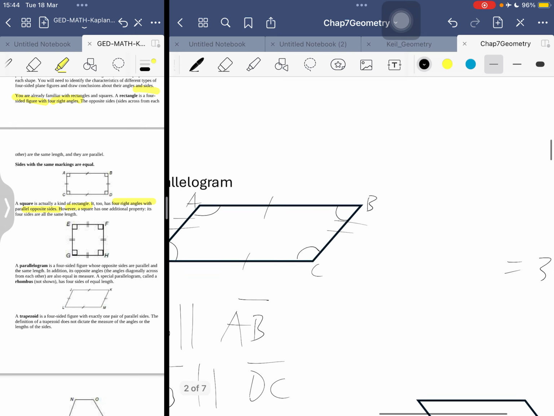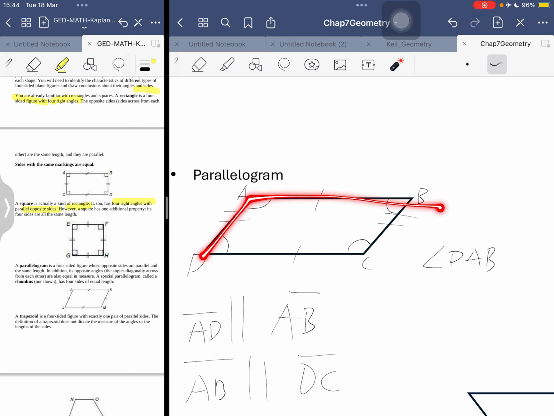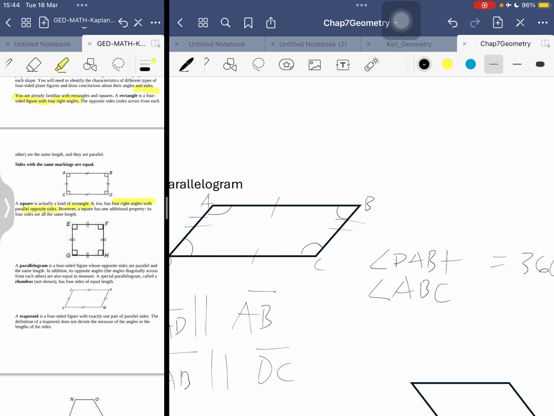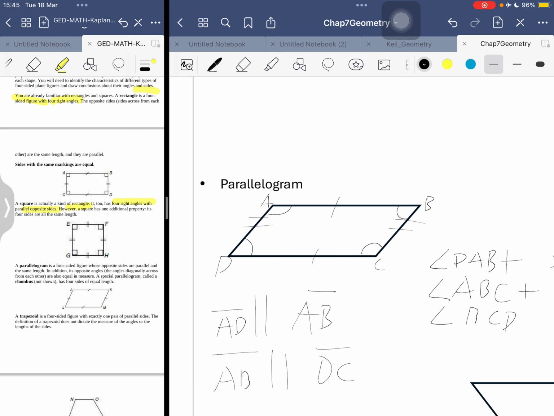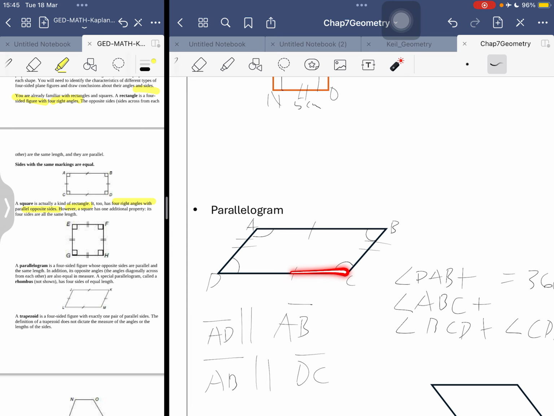So how many angles here? We have angle DAB, for example this angle, plus angle ABC, this one, plus angle BCD, this one, as well as angle CDA, this one.